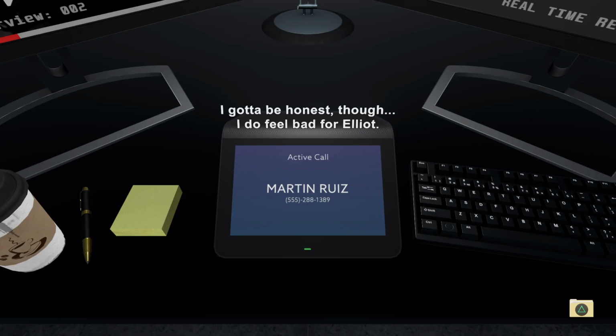I gotta be honest, though, I do feel bad for Elliot. This whole thing's an absolute mess. And I really hope a jury takes it easy on him. It's out of our hands now, though, right? Hey, thank you. You deserve a lot of credit. I'm impressed. I seriously couldn't have done this without your help. Why don't you go take a break? This case, it's officially closed. Great job. I'll take care of all the paperwork. Till next time. Alright, cheers.